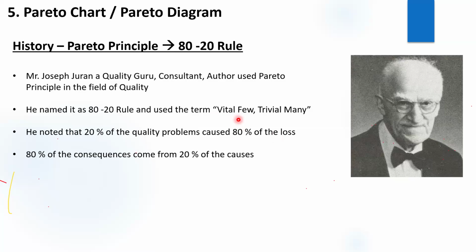Hence Juran used the Pareto principle in industry. He named it the 80-20 rule, and he noted that 20% of the quality problems caused 80% of the loss. Or you can say that 20% of your defects out of 10 will contribute to 80% of the rejection.